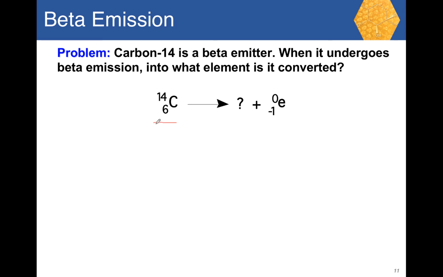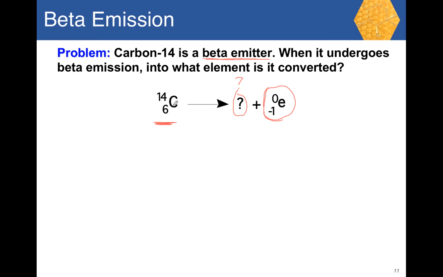But the question now is, if we have this isotope of carbon, it emits a beta particle, and here's the beta particle, so it's a beta emitter.